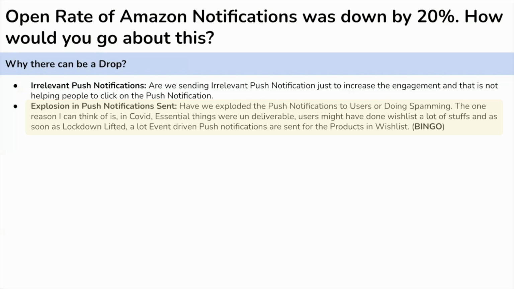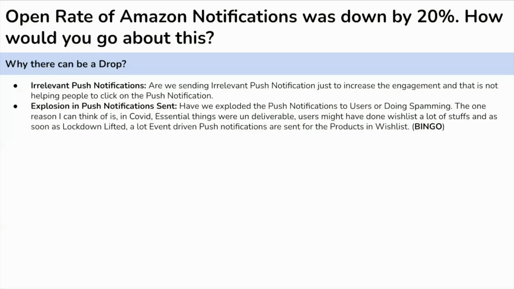So people might have added the item into the wish list or set a reminder notification for when it is serviceable to their location. Now that the lockdown has lifted, the items are serviceable and the system started exploding the number of notifications for all the items they have set notifications for, right? And people feel it is spam because all the items are serviceable now and the system has generated a lot of notifications, and people are not clicking them. Yes, that was the reason.